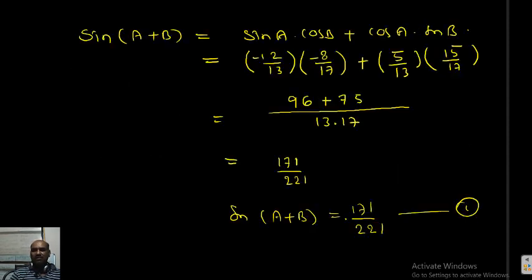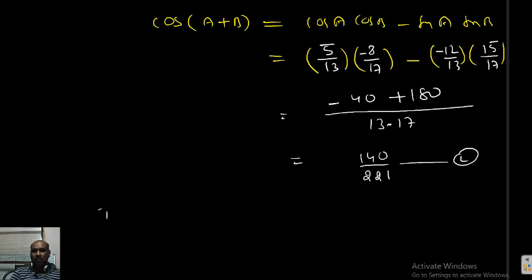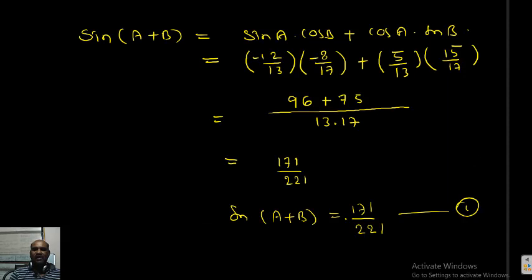So what one is saying, I will write here: A plus B belongs to Q1 or Q2, because sin of A plus B is positive. Students, sin theta is positive means what? Theta may be in the first quadrant or second quadrant only. Sin is positive in the first or second quadrant.